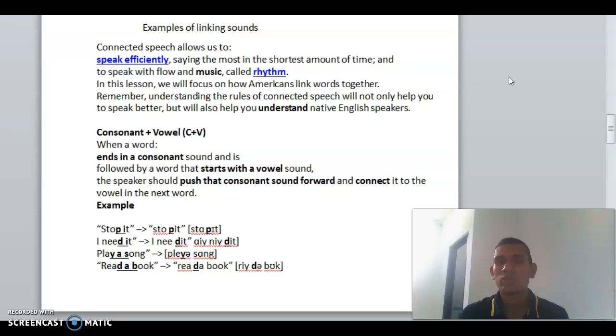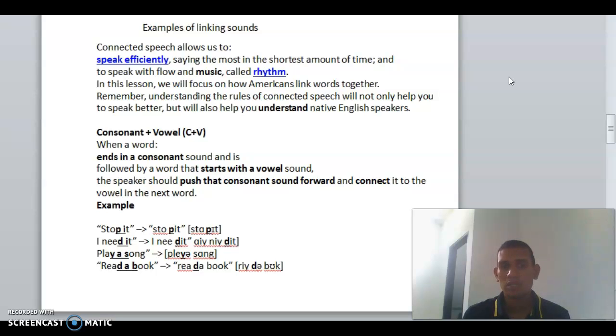Remember, understanding the rules of connected speech will not only help you to speak better, but will also help you to understand English. It's very important, as we said before, to practice the linking sounds to help us speak more clearly and fluently.